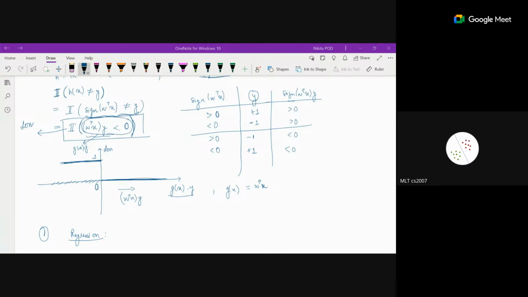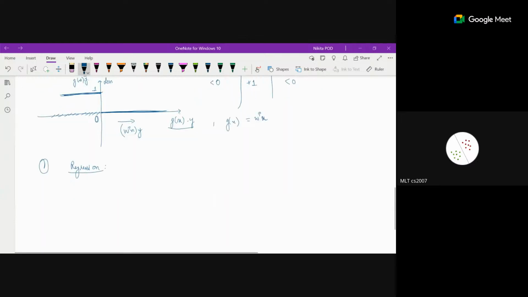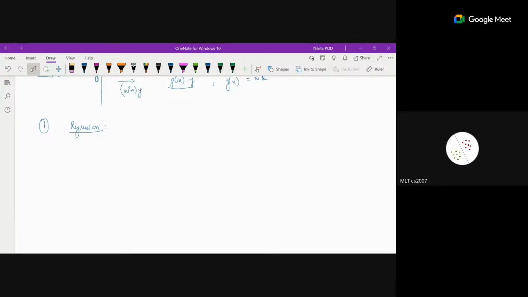So now, the very first algorithm that we are going to see is the regression problem. If you remember, in regression the loss that we had used was the squared loss.